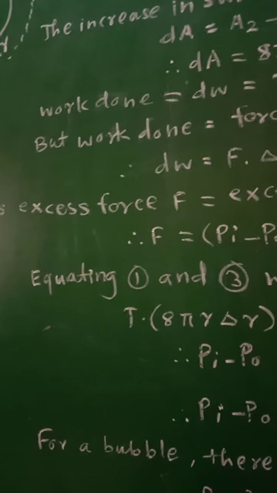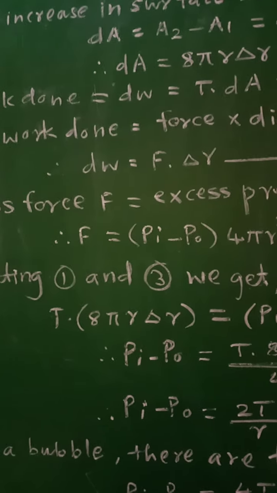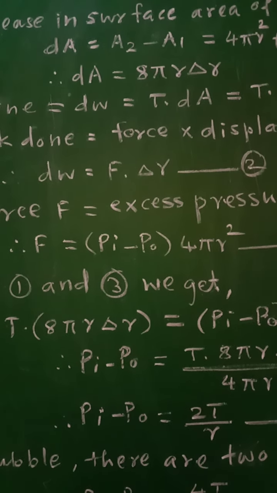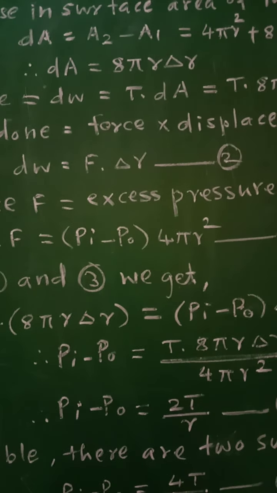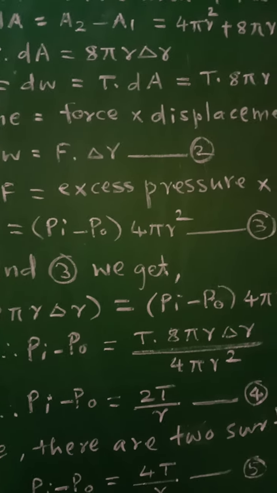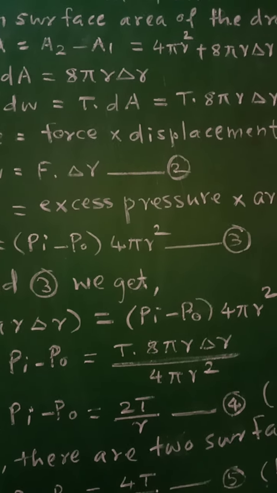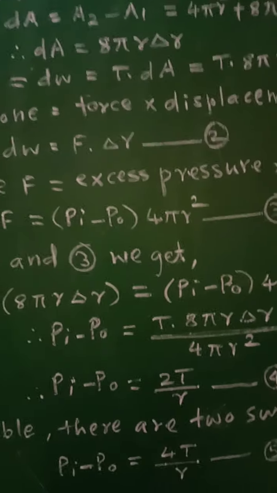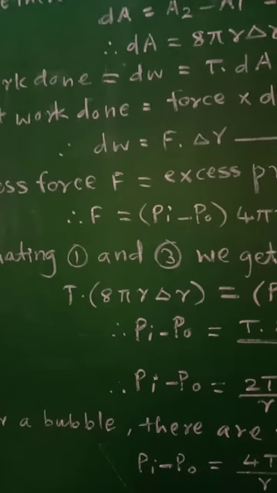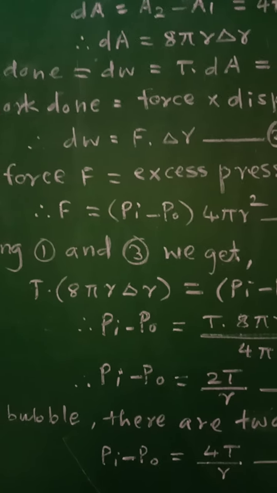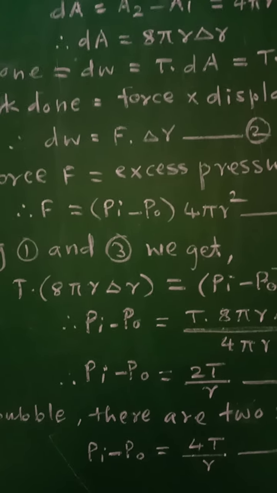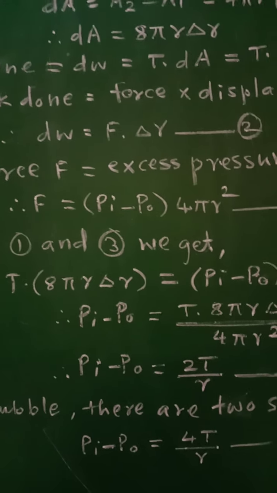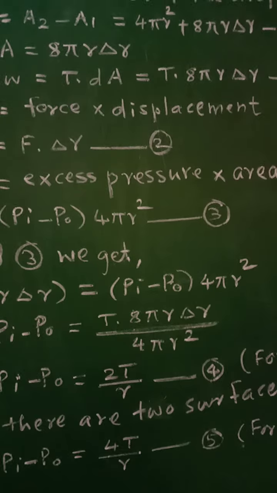Now the work done is given by the formula force into displacement. Then dW will be equal to F into delta r, because F is the force acting here and displacement is nothing but the change in radius, that is delta r. Now the relation between pressure and force is pressure equals force per unit area, and therefore force will be equal to pressure into area.